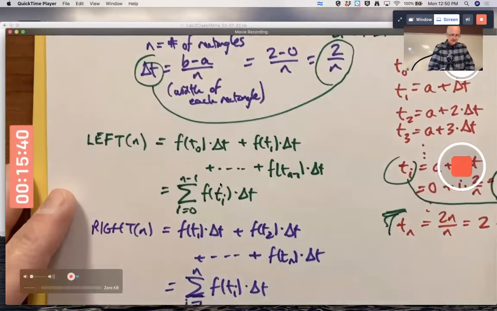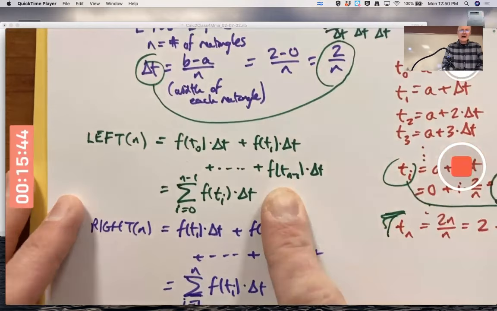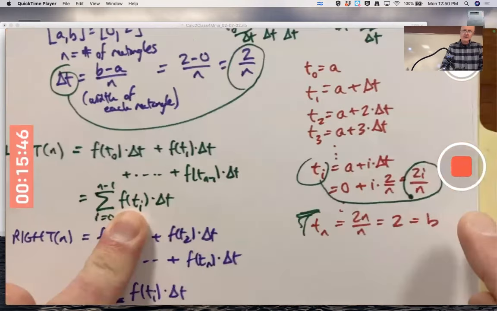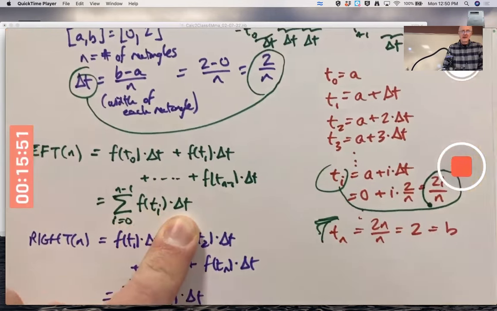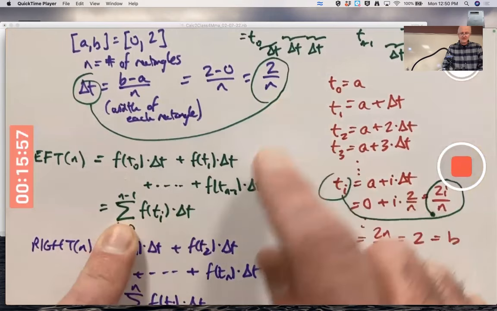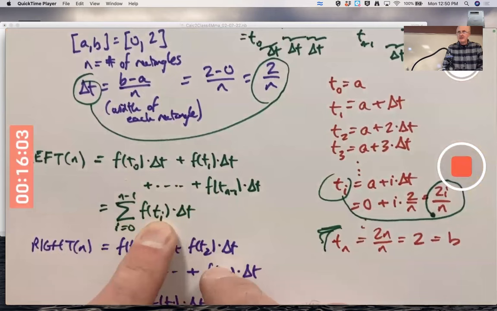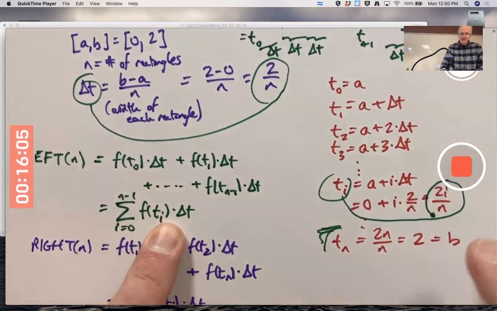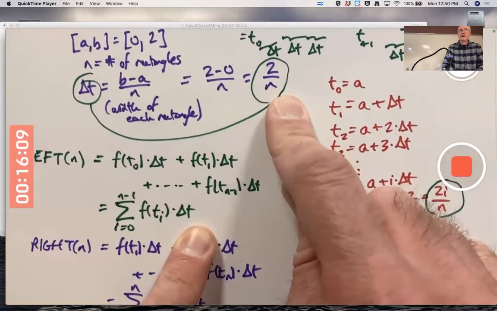I need to effectively just use this formula here and replace the ti right there with 2i over n and replace the delta t right there with 2 over n. Got that in your head? I'm about to use Mathematica's palette to put a summation sign in there. Let i go from 0 to n minus 1. Type this with ti equal to 2i over n, and delta t equal to 2 over n. That's what I'm about to do.